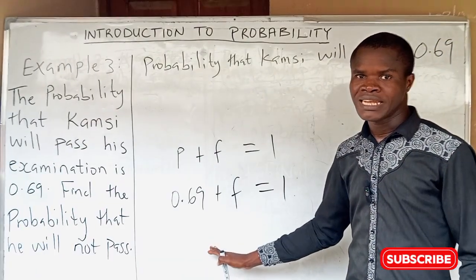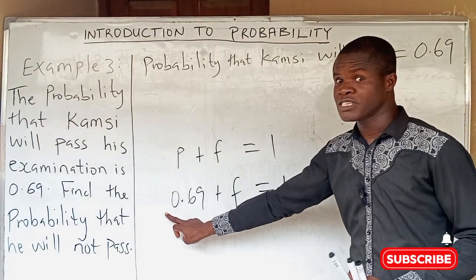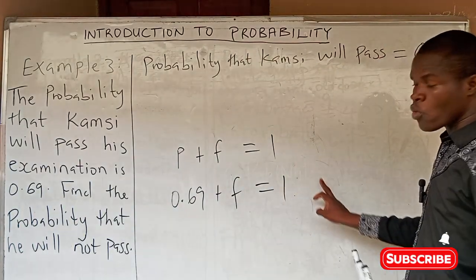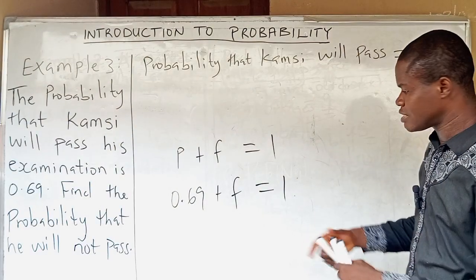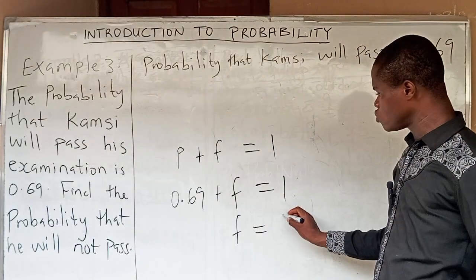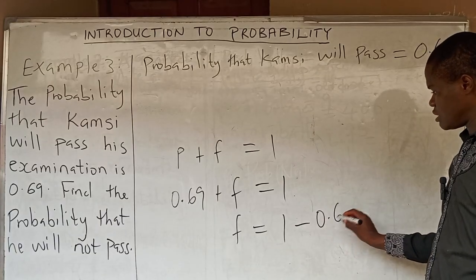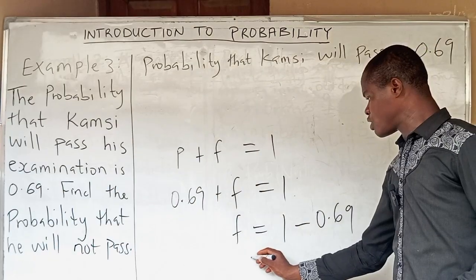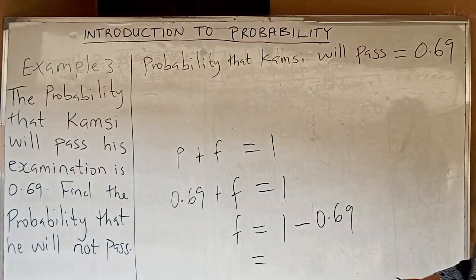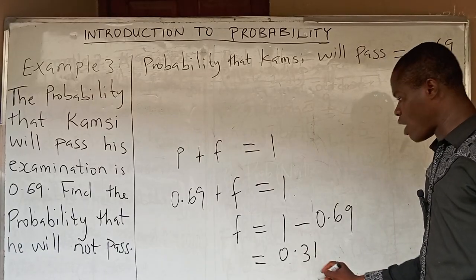What I am supposed to do next is to collect like terms. If 0.69, which is positive, goes across the equal sign, it becomes negative. So that means my F is now equal to 1 minus 0.69. This will give us 0.31.